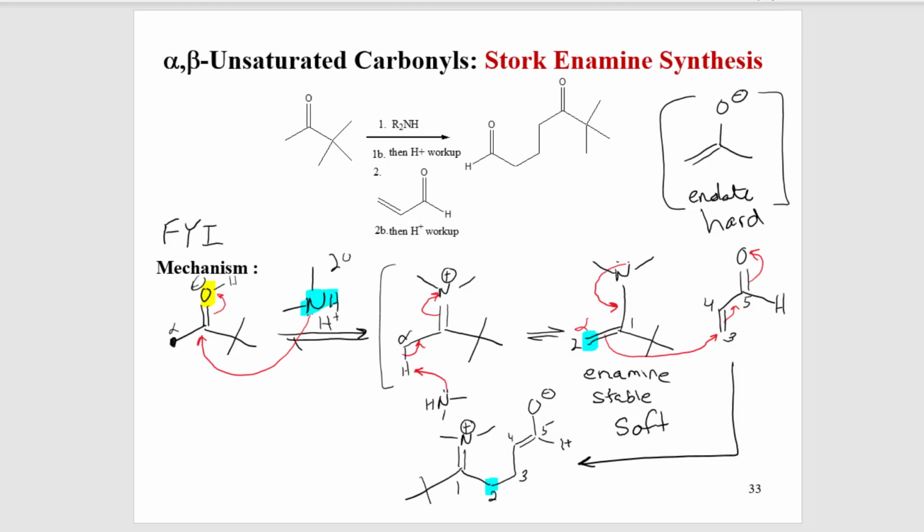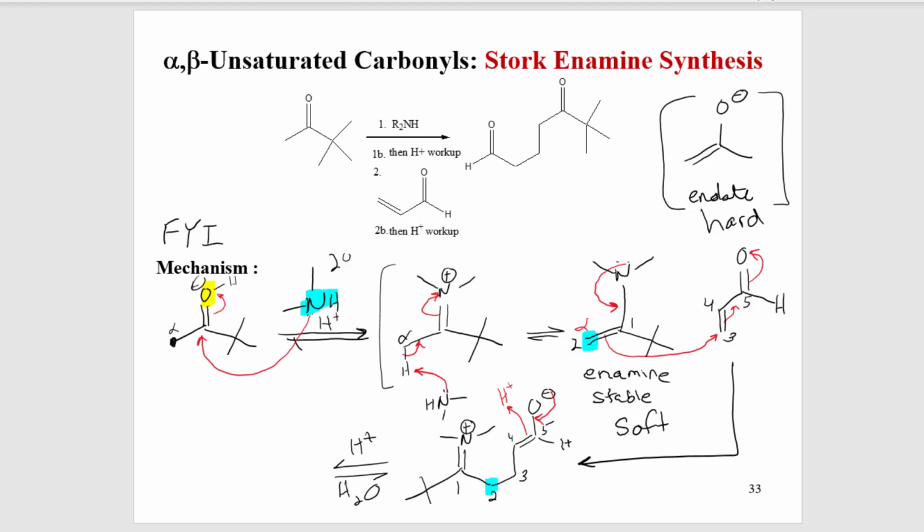At this point, we work it up under aqueous conditions, and lots of stuff happens here. We hydrolyze and quench. On the one hand, all the acid-base chemistry that we need is given, so the enolate just gets protonated by the quench.